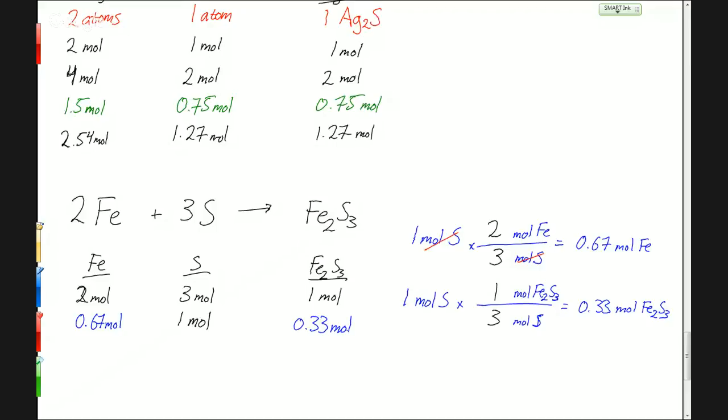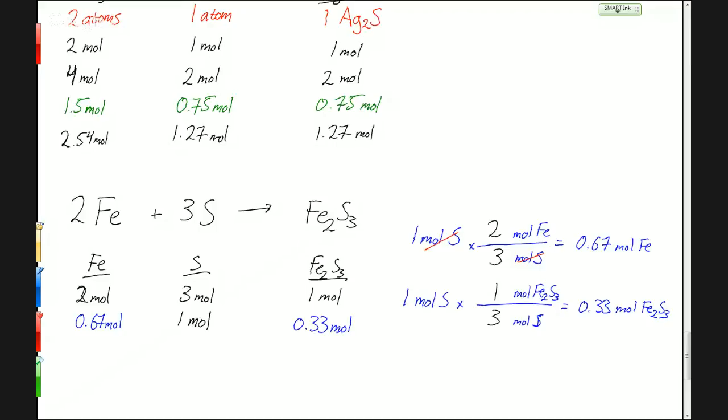Something like that. So using this technique, if you have a balanced equation, and you know the quantity of one of the things in the reaction that you want, you can figure out all the other ones just by doing this technique.